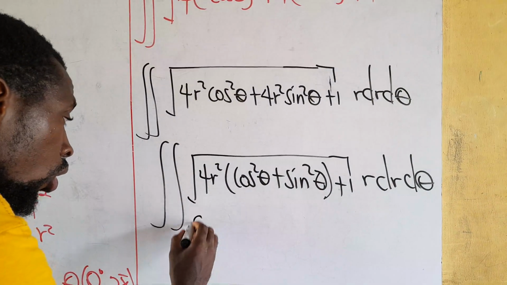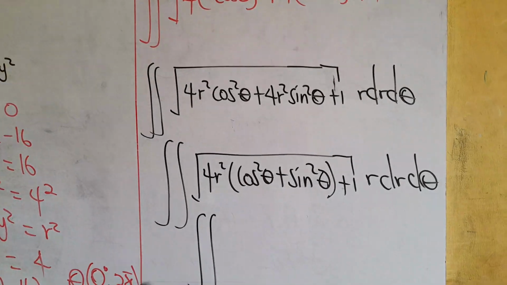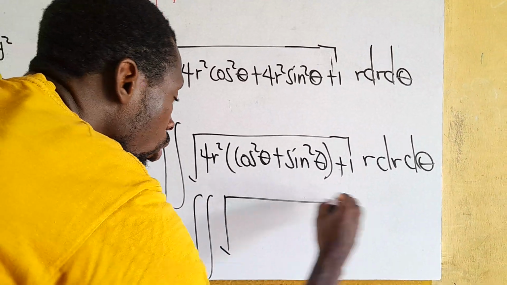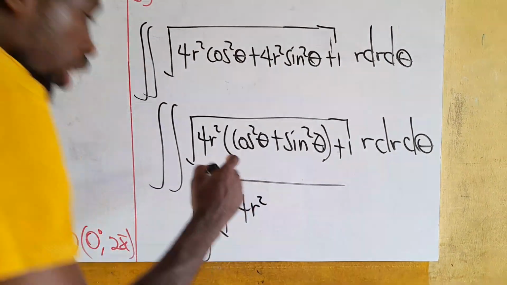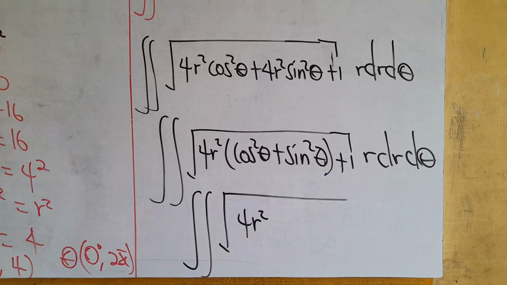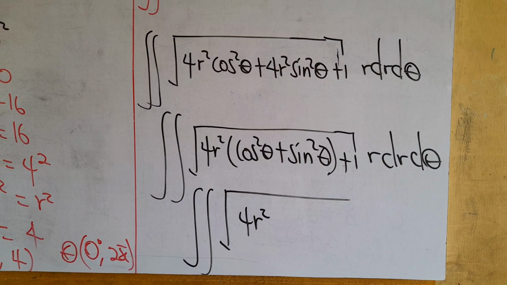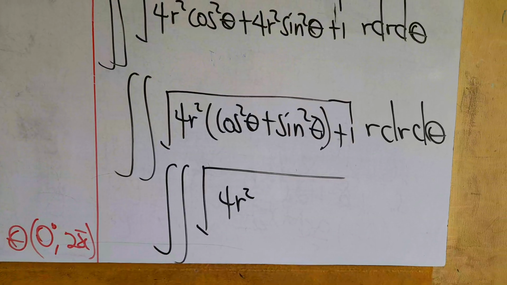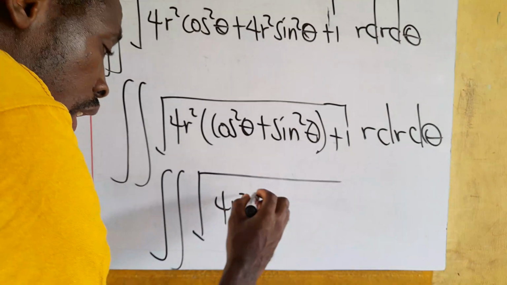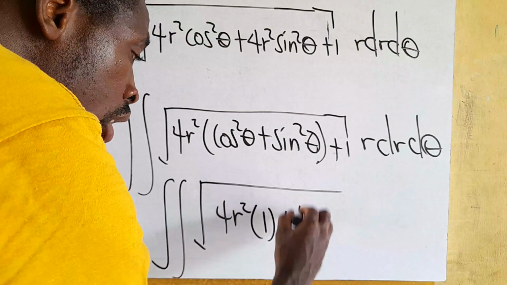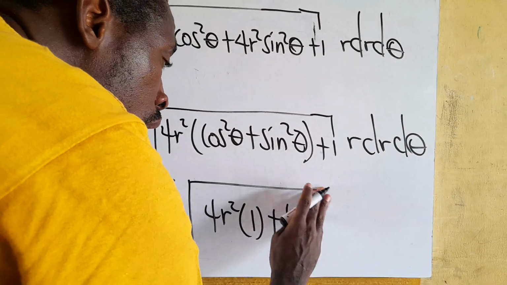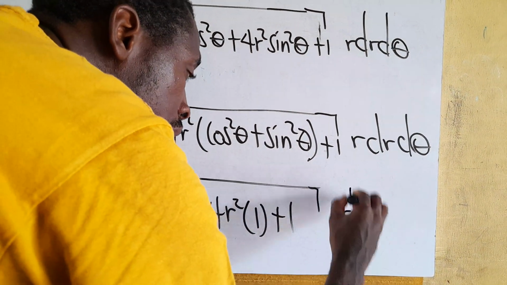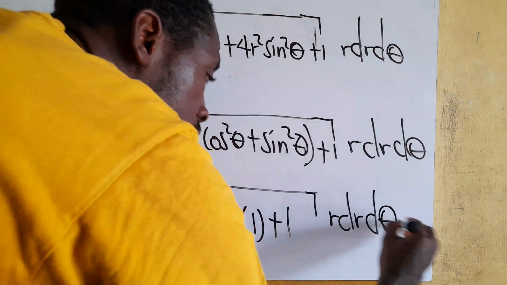So we have double integral the square root of 4r squared. Cos square theta plus sin square theta is nothing but 1. You know that. So in place of that, we substitute 1. So we say times 1 plus 1, then r dr d theta.